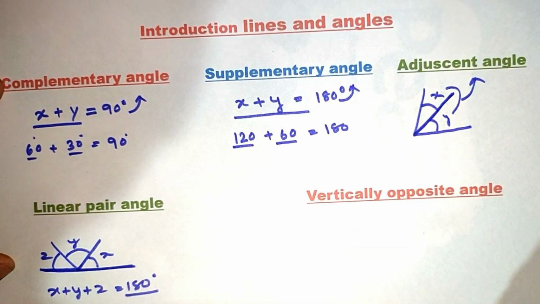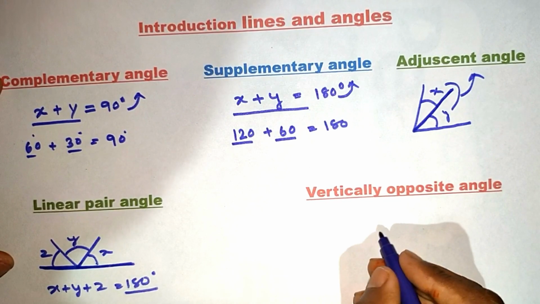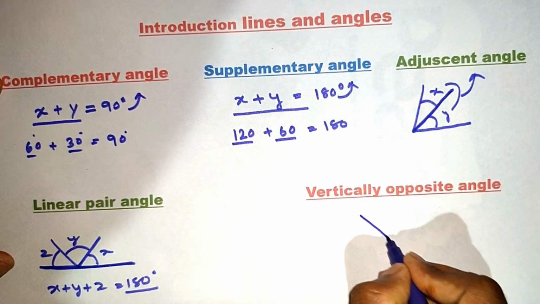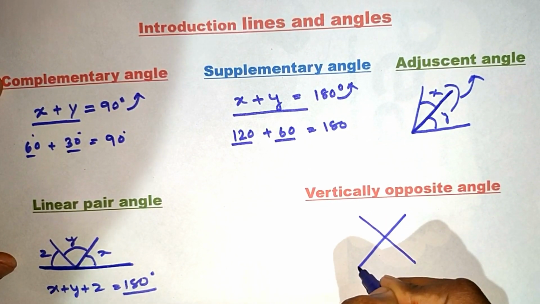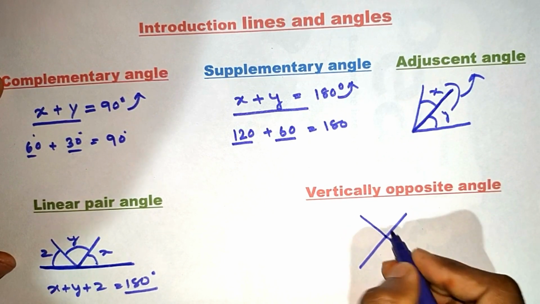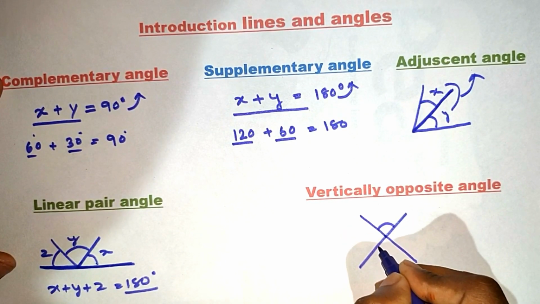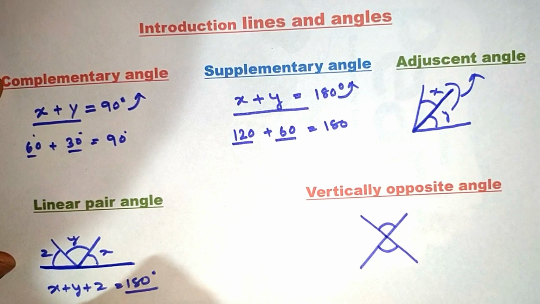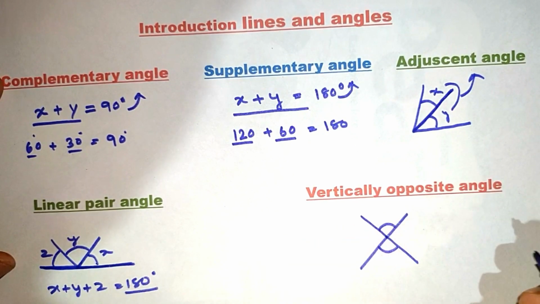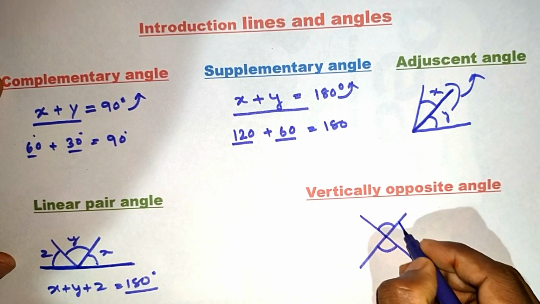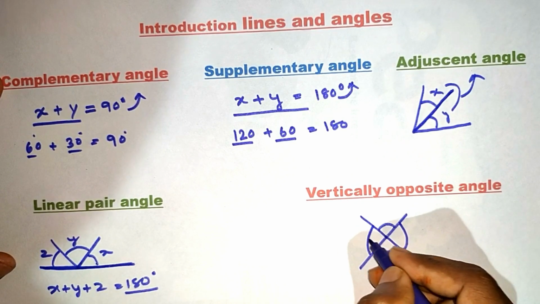Now vertically opposite angle. Vertically opposite angles are those formed when we draw two lines and they intersect at a point. These two angles are opposite to each other and they are called vertically opposite angles. These two angles are also vertically opposite.